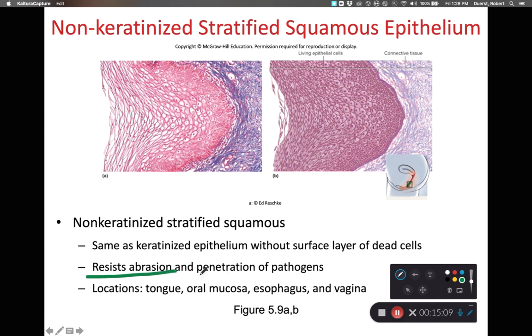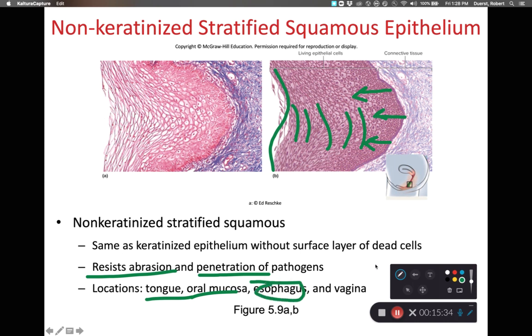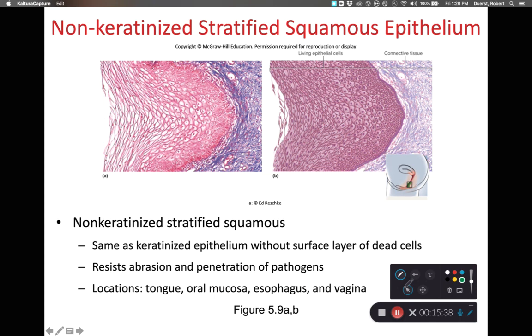It can resist abrasion and penetration of pathogens because there's multiple layers of cells protecting the membrane, and there's always new cells pushing their way up from the basement layer up to the apical layer. We find non-keratinized stratified squamous epithelium in our oral cavity, so in our mouth, on our tongue, within our esophagus, and lining the vaginal canal as well.